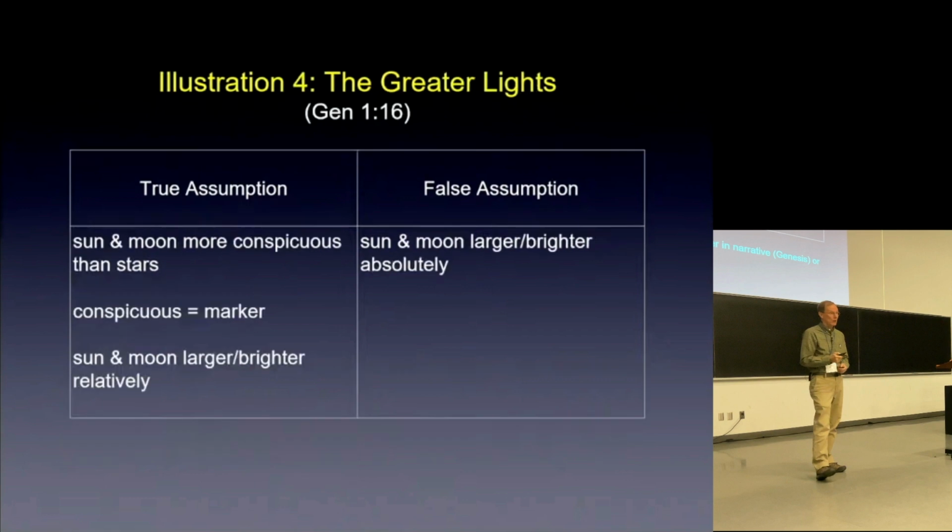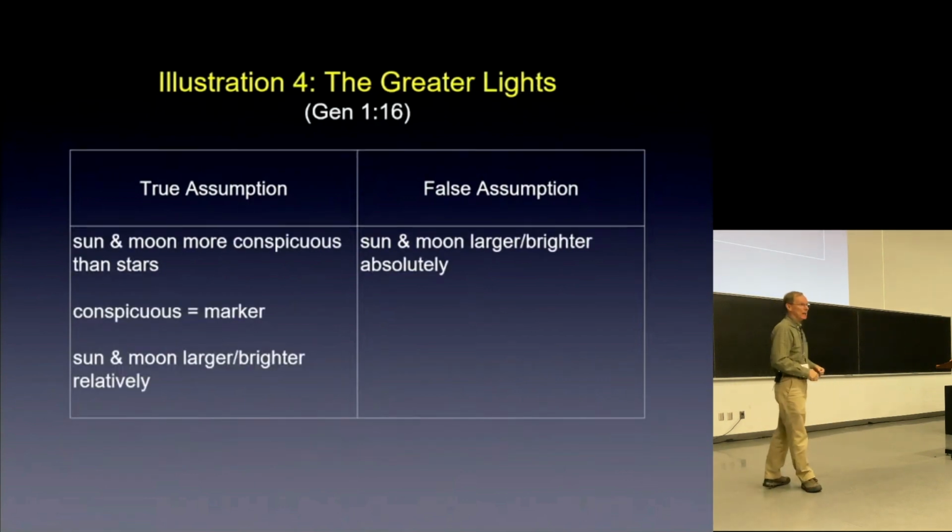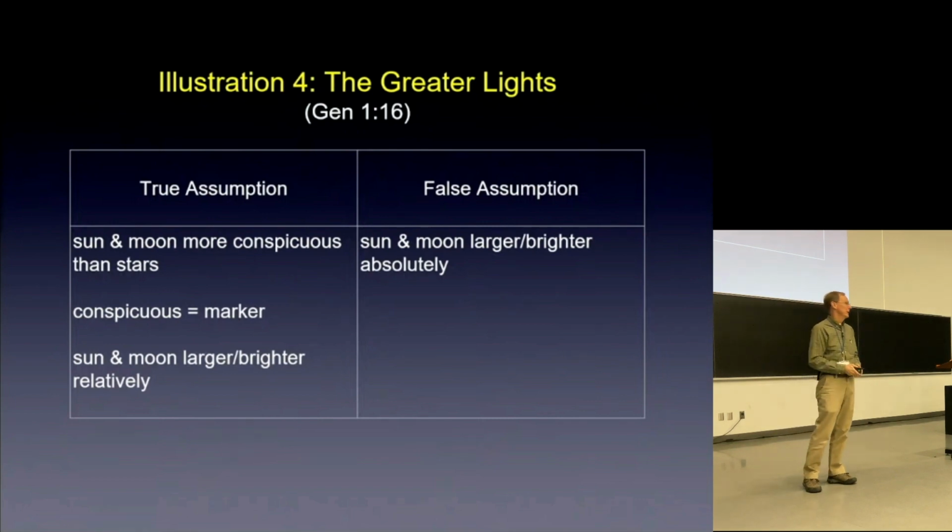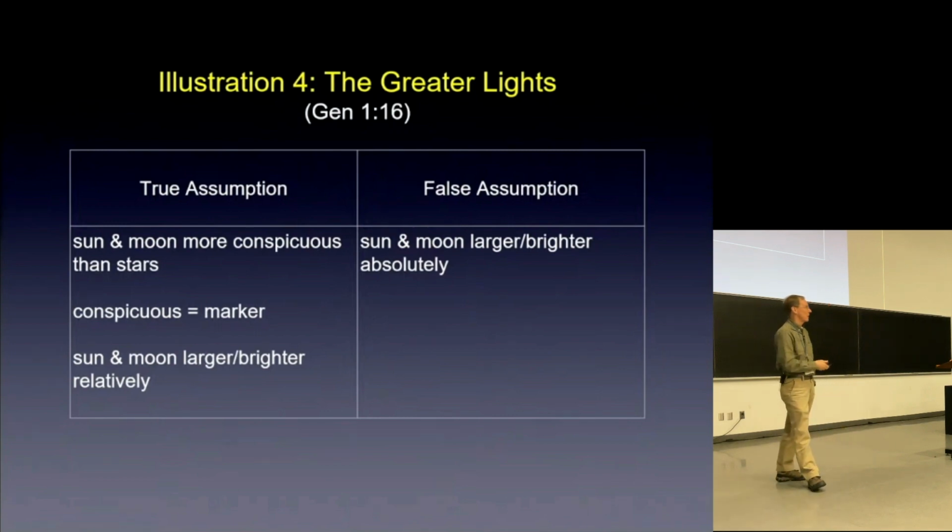Let's go to one, the greater and lesser lights from Genesis chapter 1. This goes back to Augustine, Calvin, Luther. They all spoke about this particular example for the purposes of accommodation. They understood that there was an issue about the relative size versus the absolute size of astronomical objects.